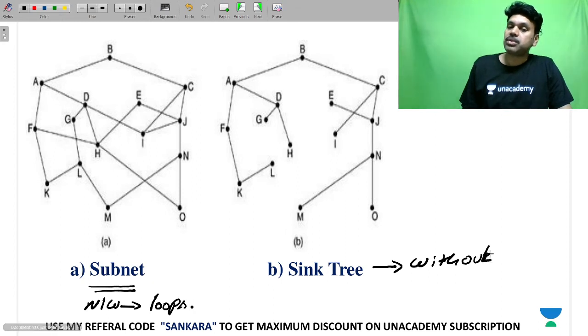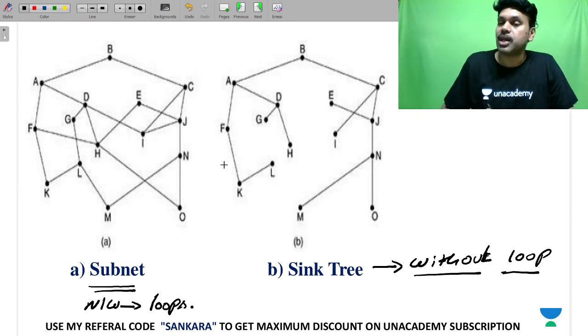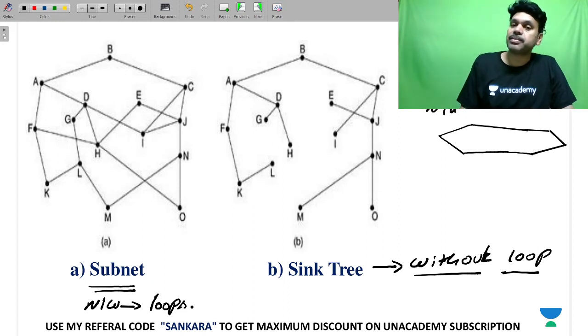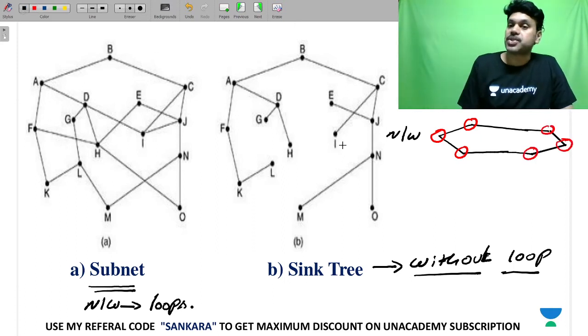How do we construct a sink tree, or how do we ensure there will not be any loops? For example, you see, there is a loop in this network. So this is your network that consists of loops. Now, how to construct a sink tree from your network?